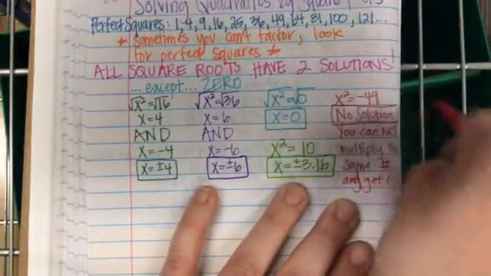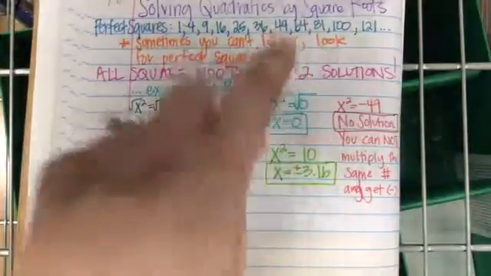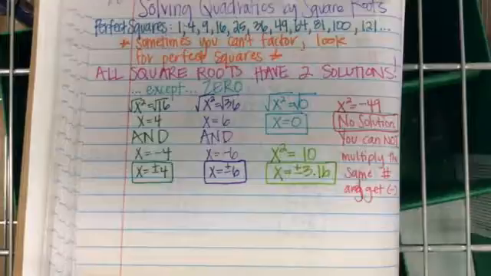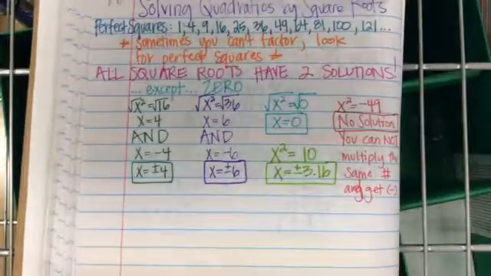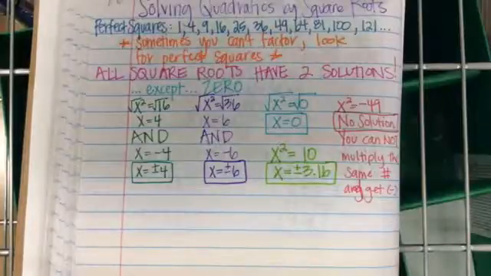You can't find the answer with negative square roots. I know that 49 is a perfect square, but it's a negative, and you cannot take the square root of a negative number. Makes sense. Algebra 2 you will. Right now you won't.